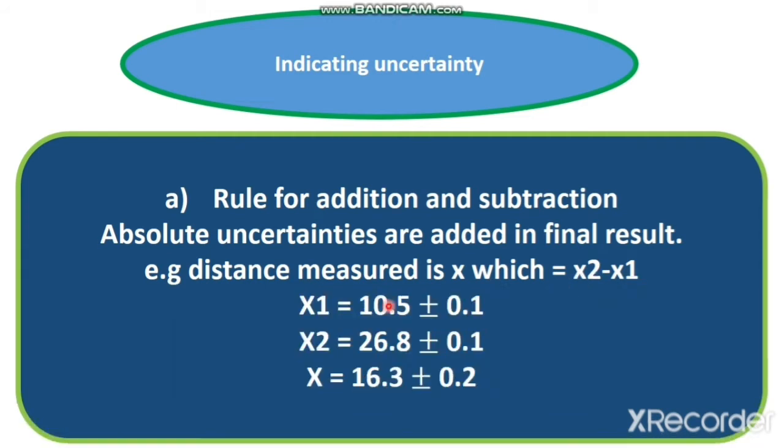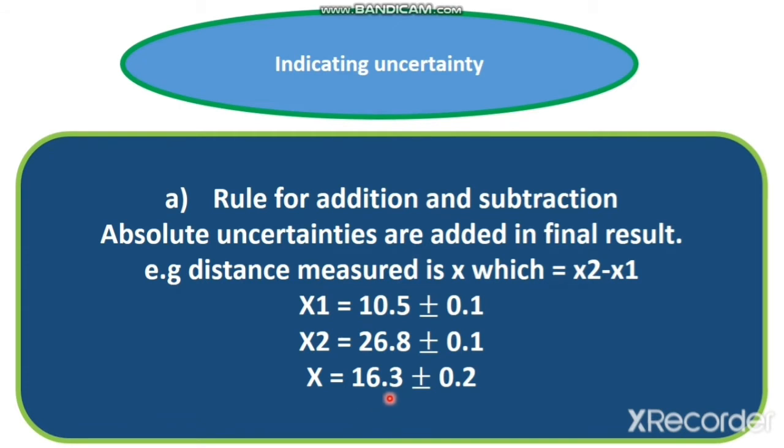The value of x1 is supposed as 10.5 plus minus 0.1, where 0.1 is the absolute uncertainty, that is the least count of the measuring device, and x2 is 26.8 plus minus 0.1. x will be calculated as x2 minus x1, and it is 26.8 minus 10.5, which is 16.3.